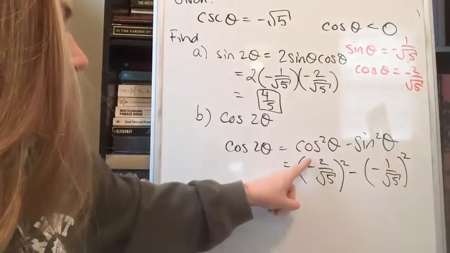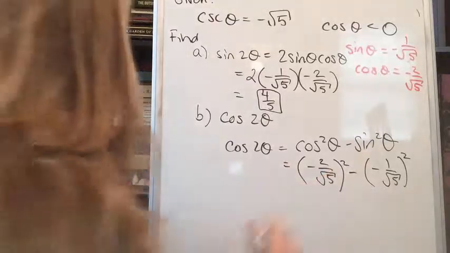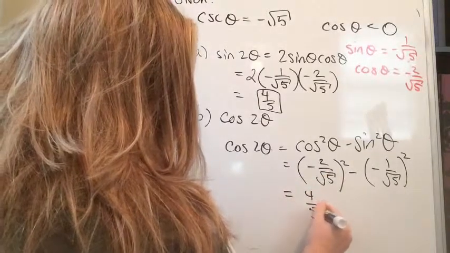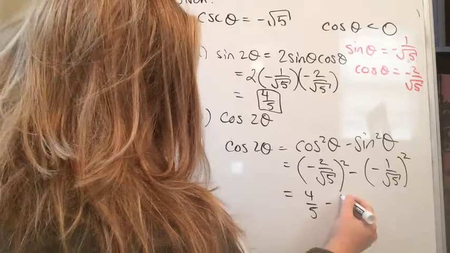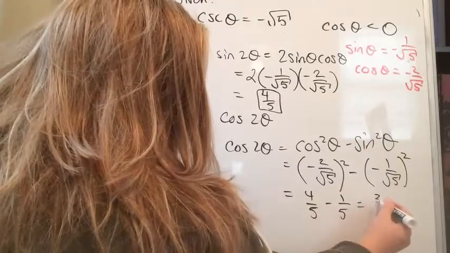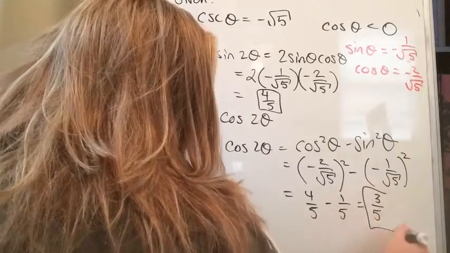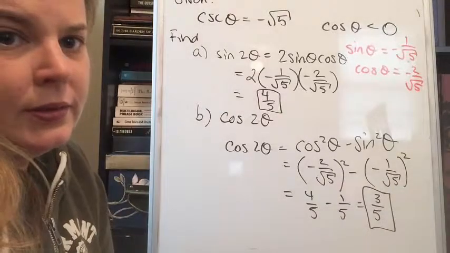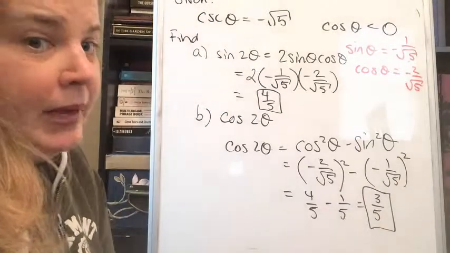Okay, what is 2 over square root of 5 squared? That would be 4/5 minus 1/5, which gives us 3/5. Again, not too hard.